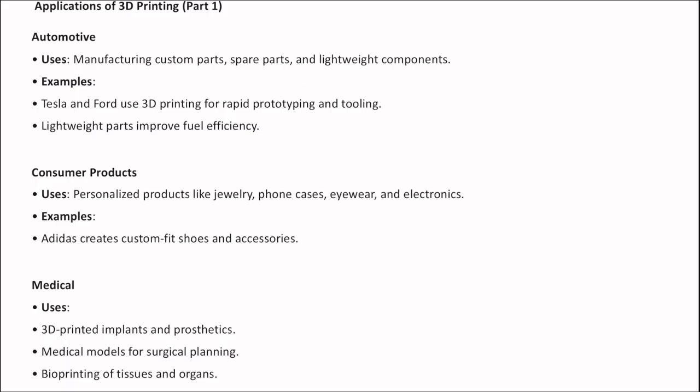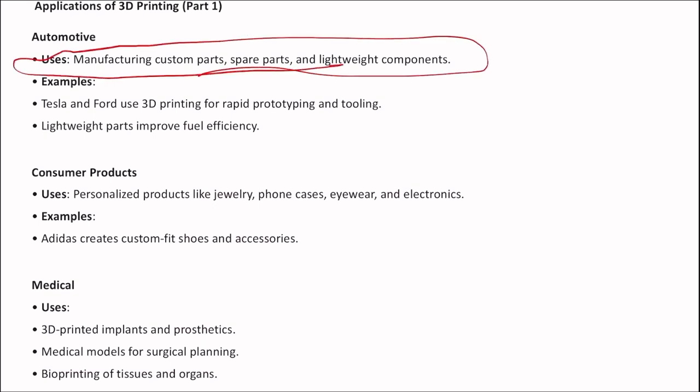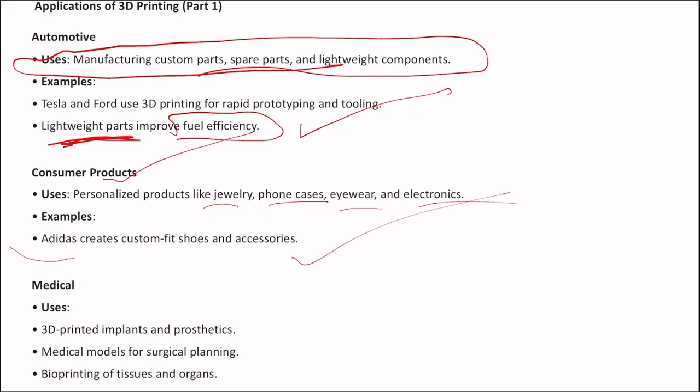And next, coming to applications. In the automotive industry, we have spare parts, lightweight components. Like Tesla and Ford are actually using 3D printing for rapid prototyping and tooling. And if they manufacture lightweight parts, fuel will also be consumed less. Coming to consumer products like jewelry, phone cases, eyewear, electronics, everything. For example, Adidas creates custom fit shoes and accessories.